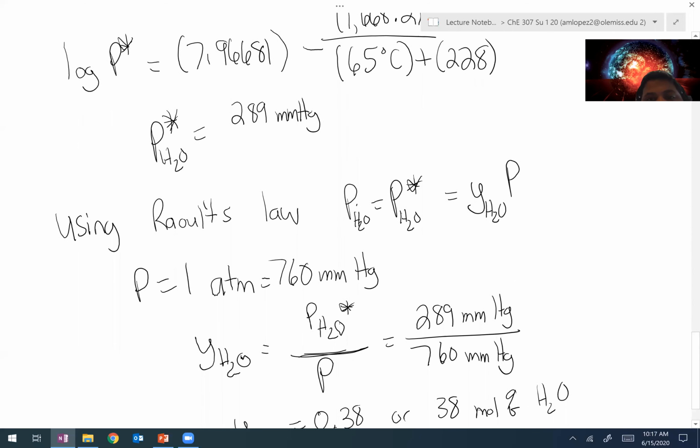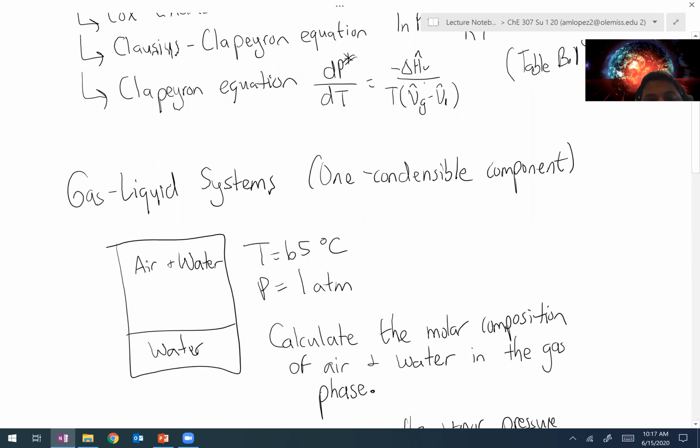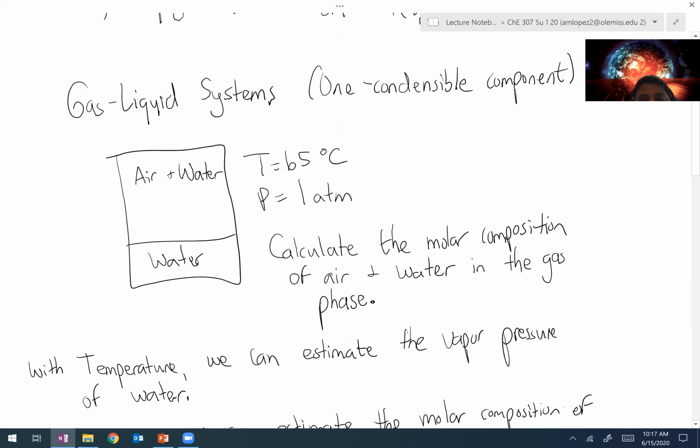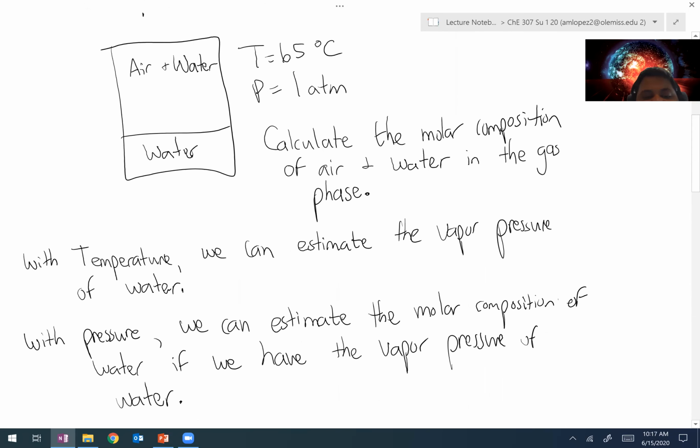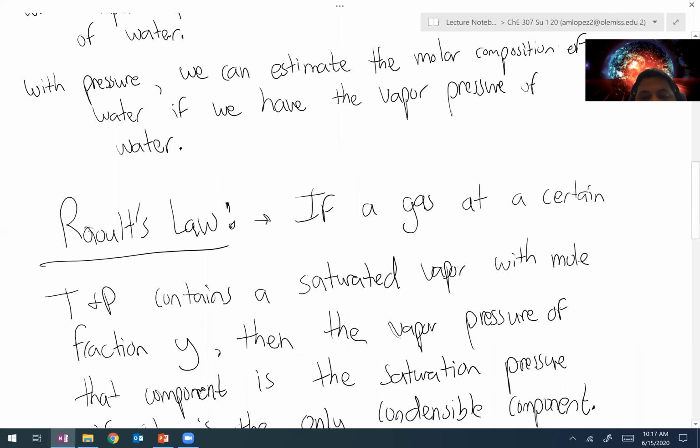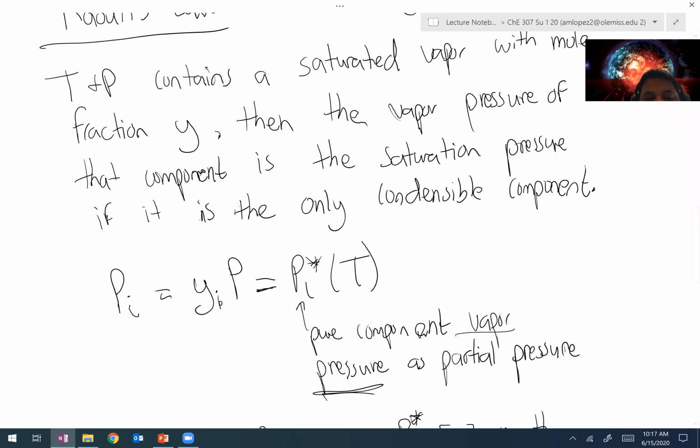So let's do a quick recap. When we're looking at gas liquid systems, and if we have one condensable component, we can state that Raoult's law applies, which allows us to estimate the partial pressure of a substance in a gas as the vapor pressure of that substance.